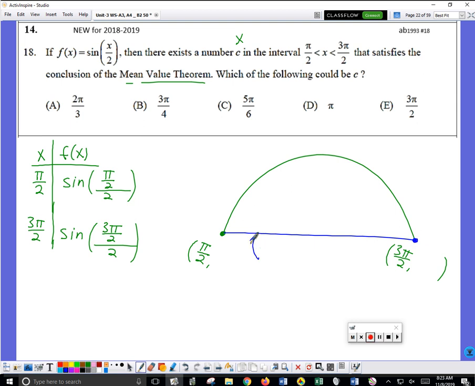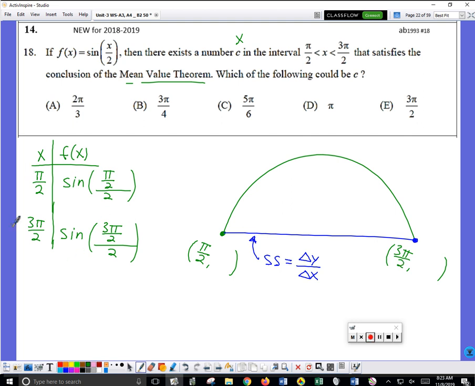We've got to find this secant line's slope, which means change in y divided by change in x. So we don't know this y coordinate. We need to find it so we can find how much y changes from here to here. And then we can divide by how much x changes. Does that help? That's why we're doing this.